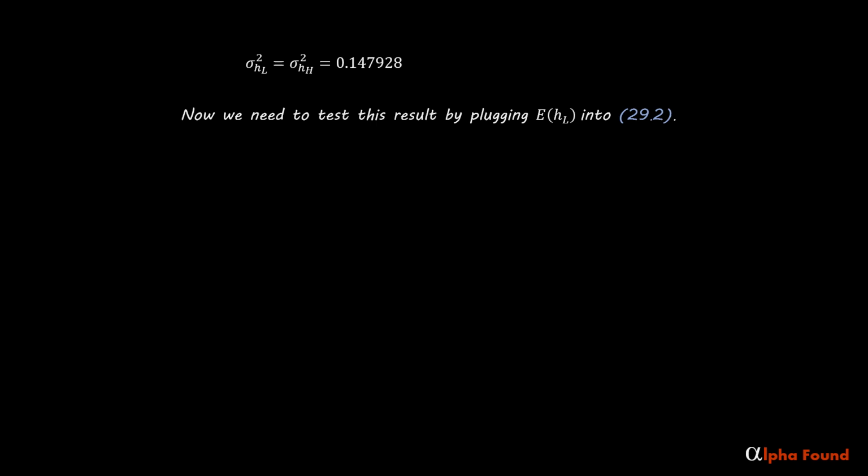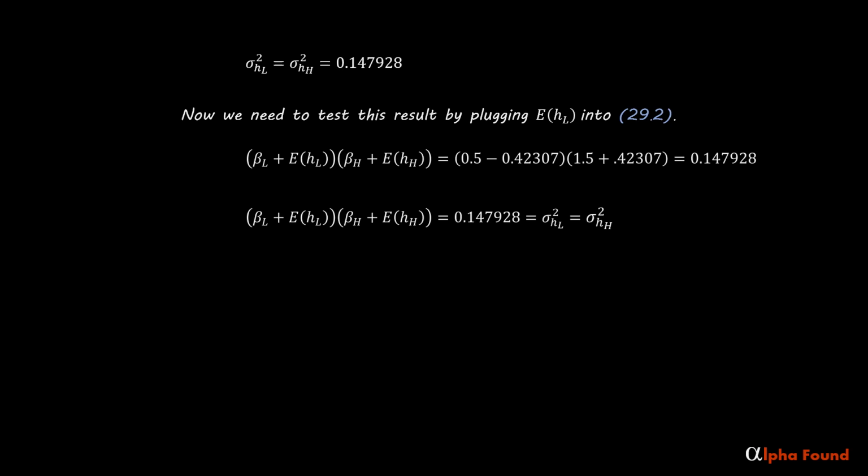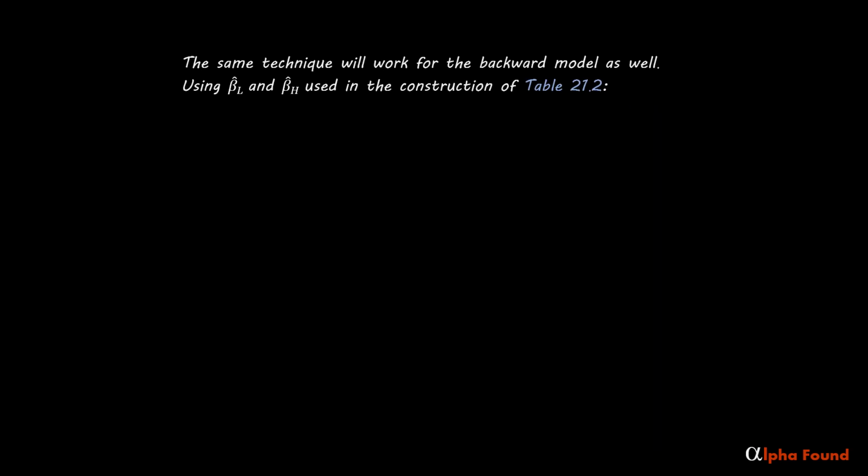Now we need to test this result by plugging the expected low h into 29.2. Identity 29.2 checks algebraically and numerically. The same technique will work for the backward model as well.